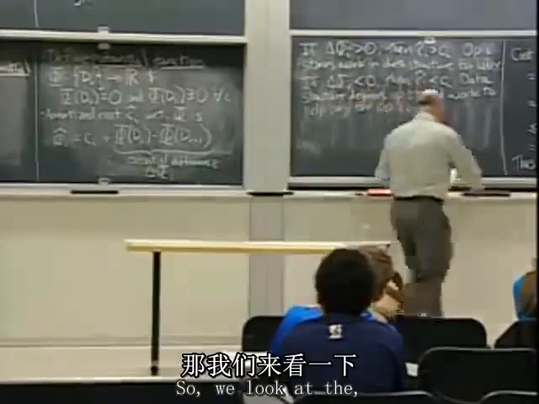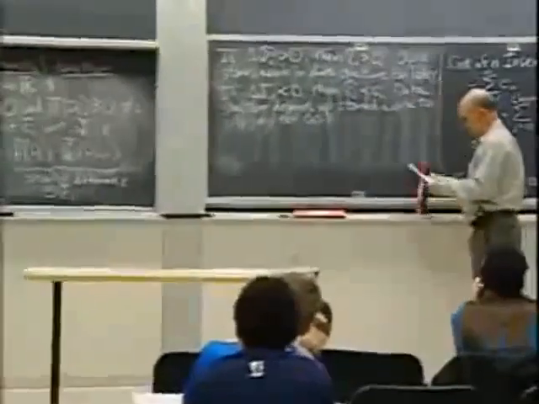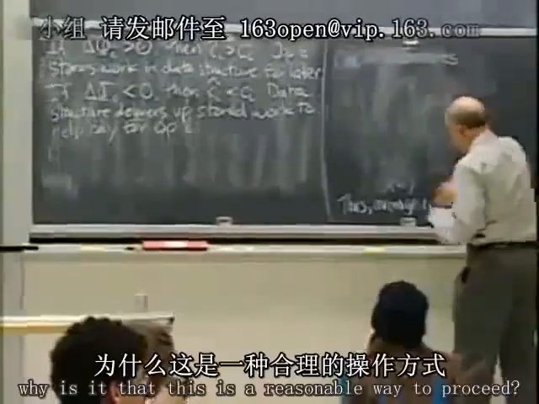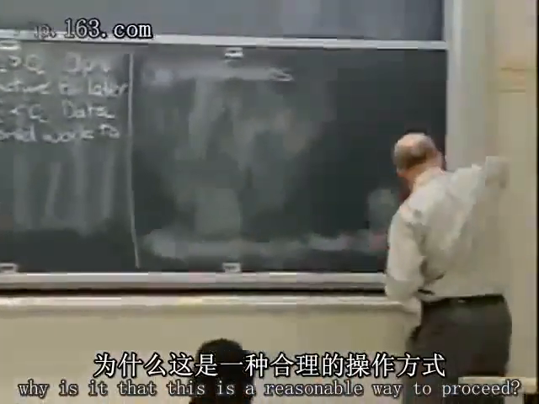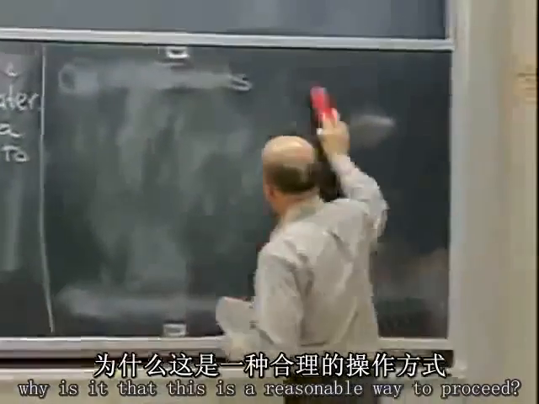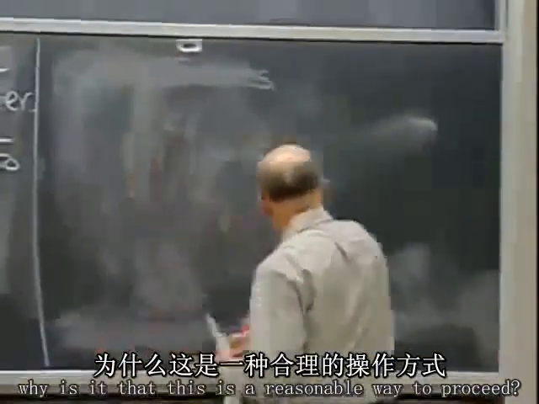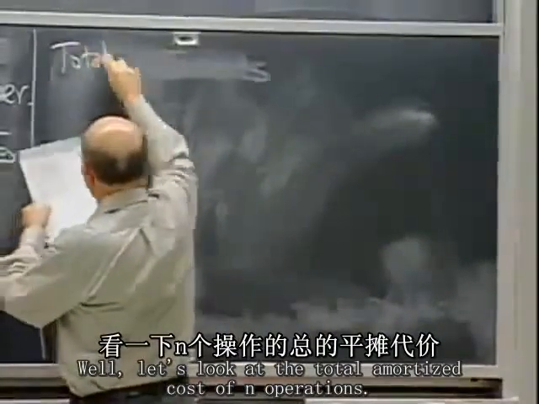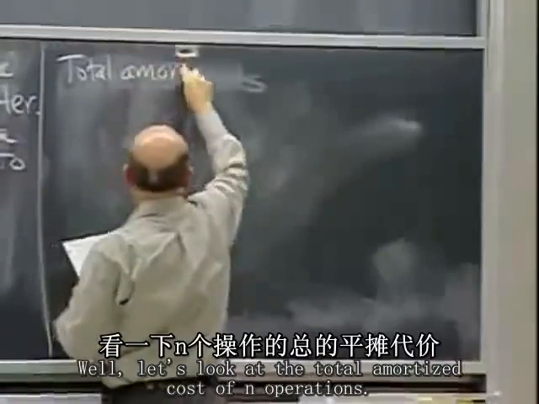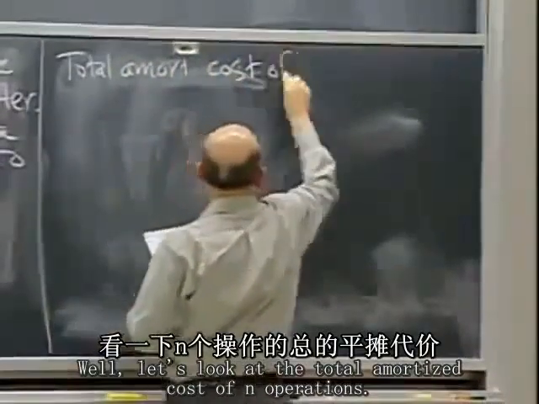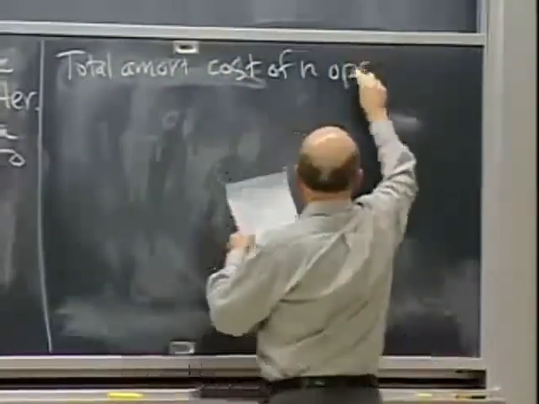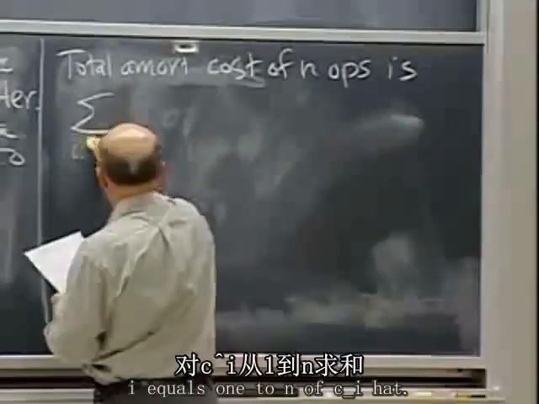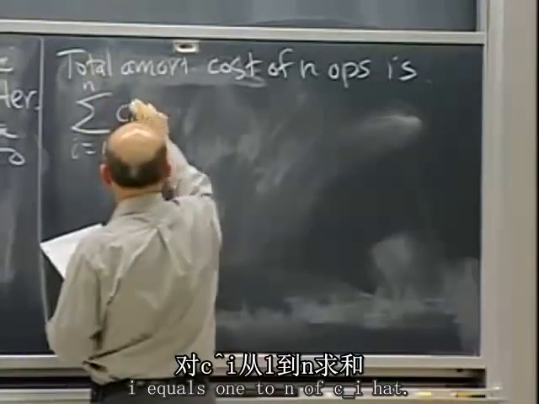So why is it that this is a reasonable way to proceed? Well, let's look at the total amortized cost of n operations. That's just the sum, I equals 1 to n, of c sub I hat.